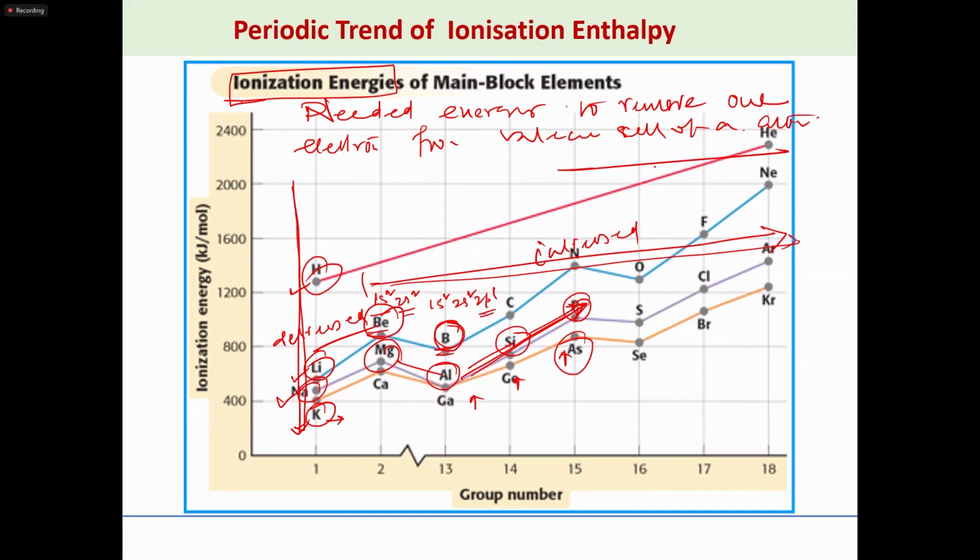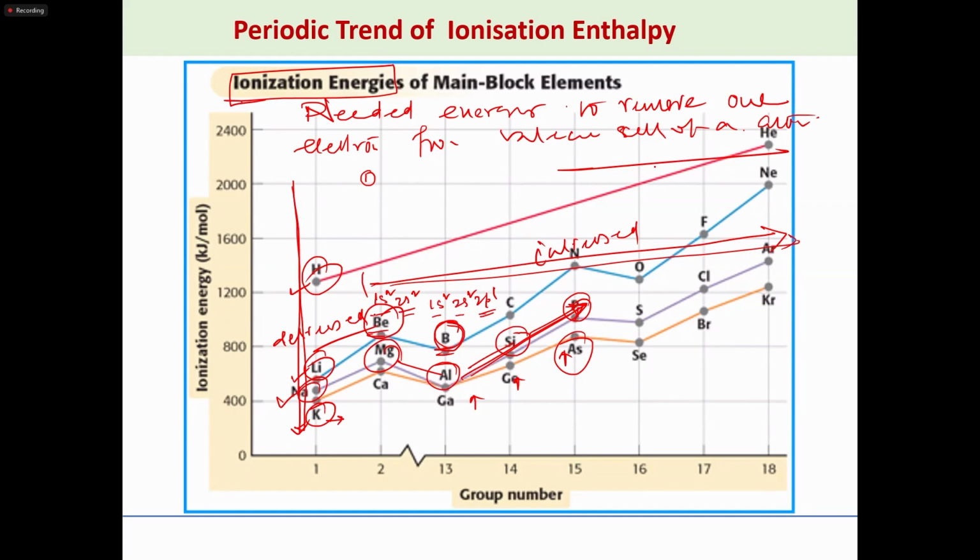Now there are two reasons. The first reason is that boron has p1, that means the p orbital has one electron. If I remove this one electron from the p orbital, then it will have the electronic configuration 1s2, 2s2, all s orbitals filled up. A stable configuration will be formed for boron.